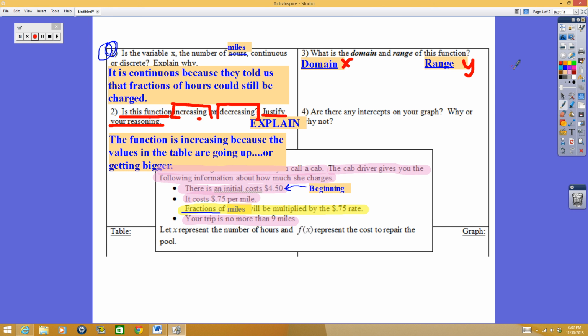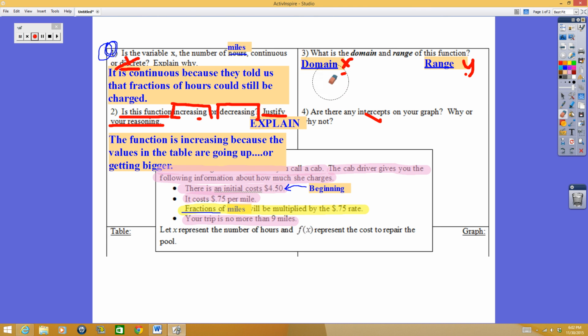Anyways, so domain. So first off, sorry, it's continuous, right? You do not want to set up like this because that would mean it is discrete, right? It is not discrete, so you don't want to do that, right?